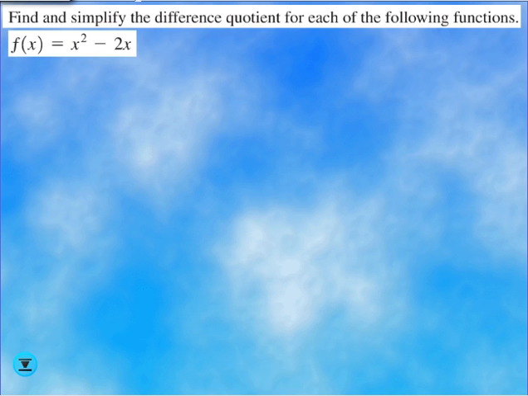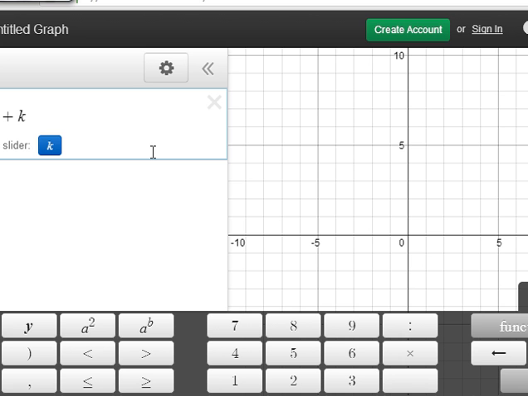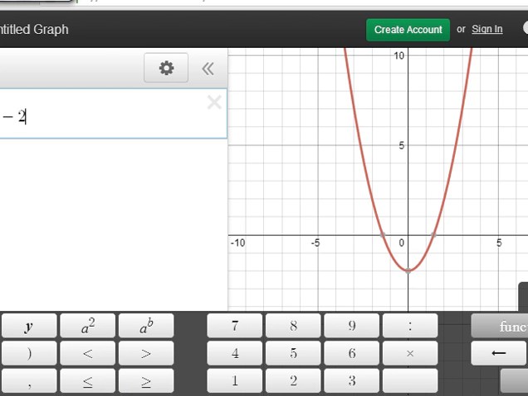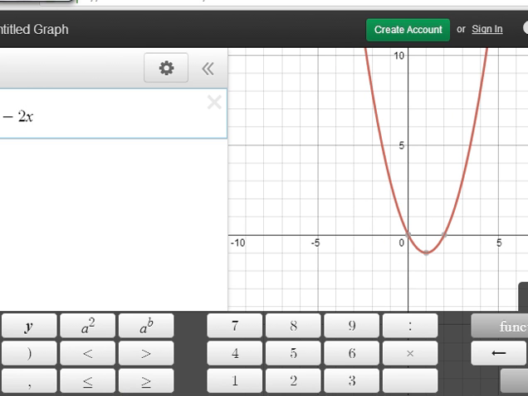Okay. This is not a line. X squared minus 2x. Actually, since I've got this pulled up, let's go ahead and graph this. X squared minus 2x, and here you see the graph of it.